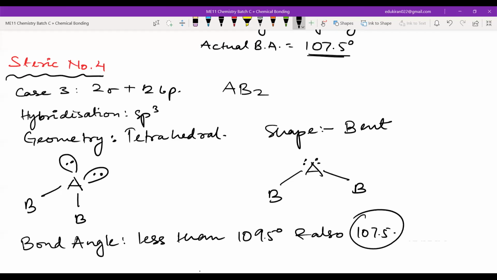Now, if you have two lone pairs, there will be even more repulsion, yes or no? Then this will be further reduced, correct? This will be even less than 107.5 degrees. Please write this down. Let me know if you're done. Done, sir.